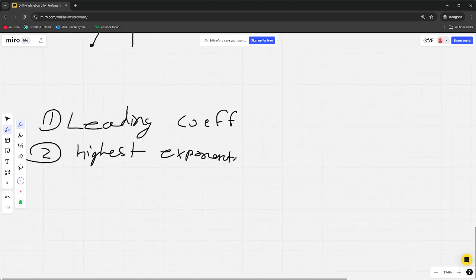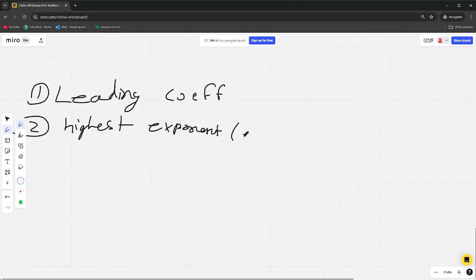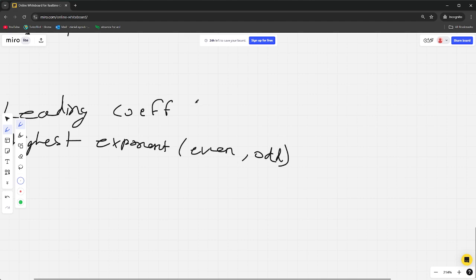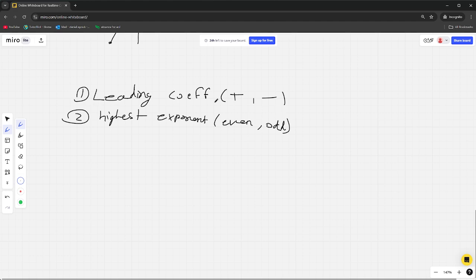We don't necessarily care what the highest exponent is, we just want to know if it's even or odd. Just like we don't necessarily care what the leading coefficient is, we just want to know if it's positive or negative. Taking just these two will give you a very good idea of what the function you're working with looks like. What do I mean?